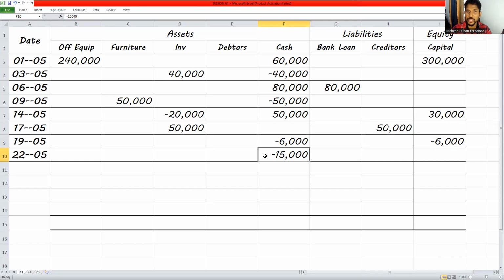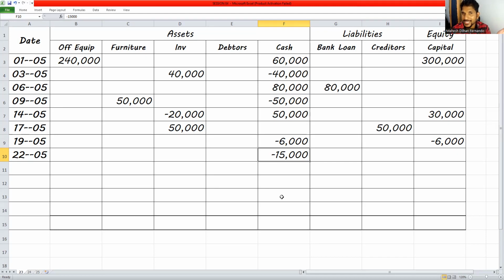Here also the cash is decreased. Do you see? But this deduction is not an expense. So remember, every cash outflow is not an expense.